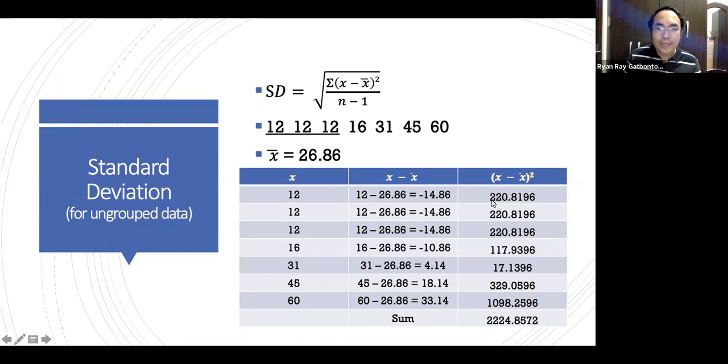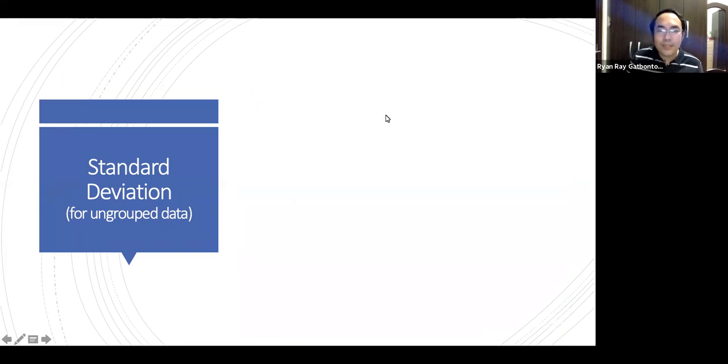After we get these values, we add them all up, and we find the summation of x minus mean squared. Now that we know the value of the summation of x minus mean squared, we will substitute it in our formula.